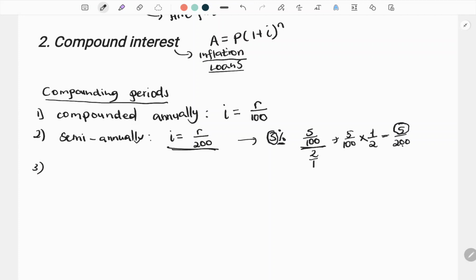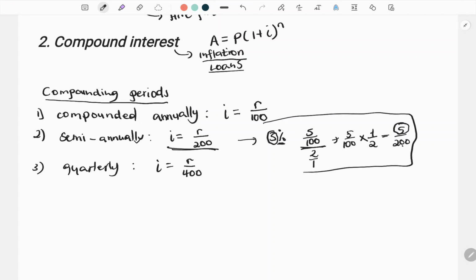Then when they say compounded quarterly, you've got 4 quarters in a year, so you're going to say R divided by 400. You just have to know that. Number 4, when they say monthly, we've got 12 months in a year, so it's R over 1200.